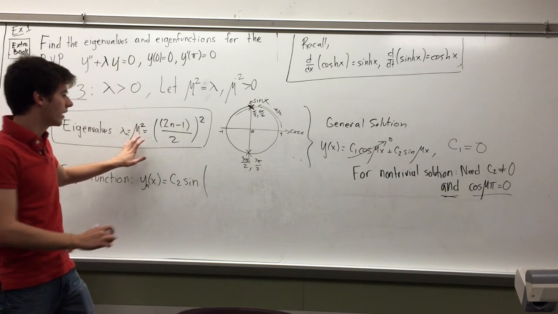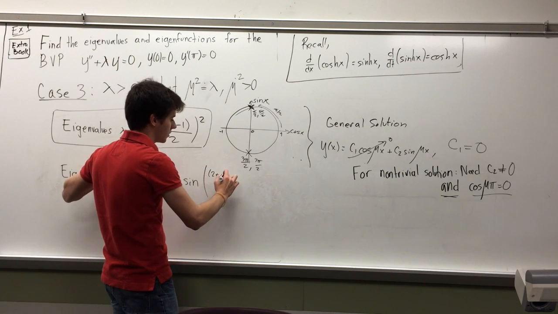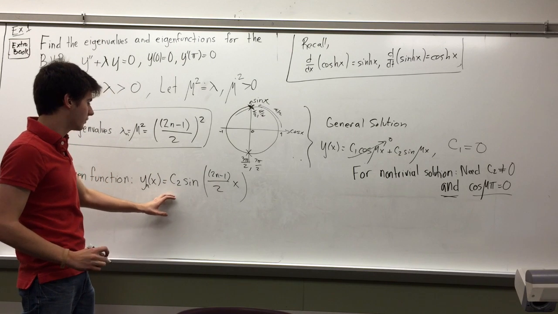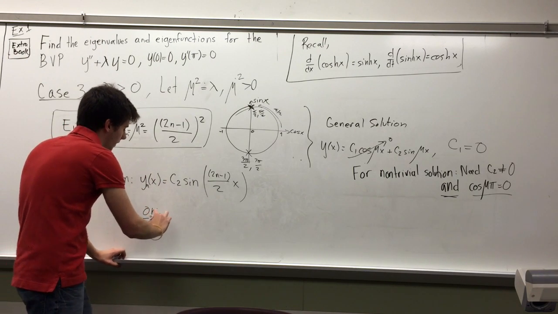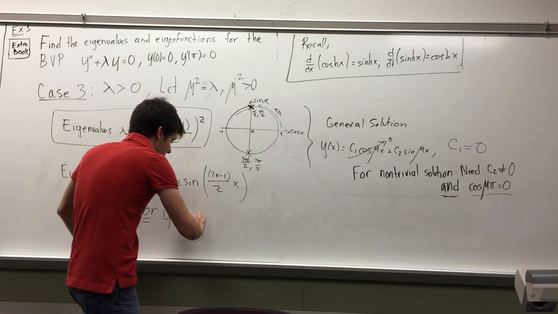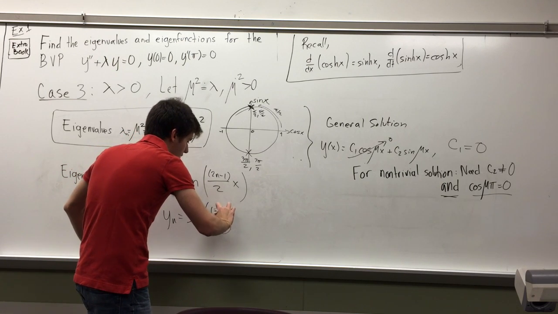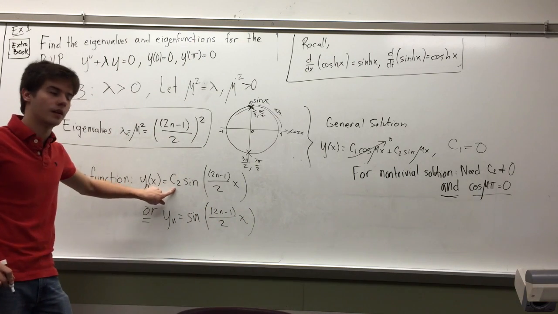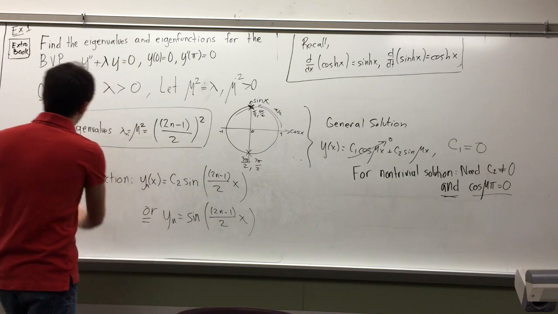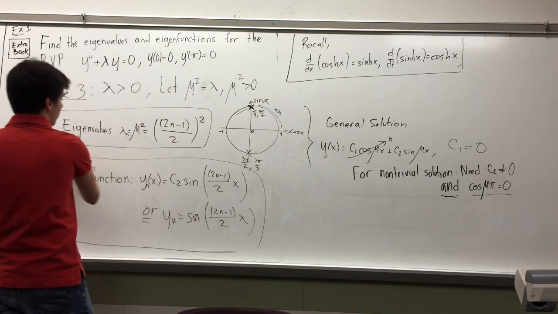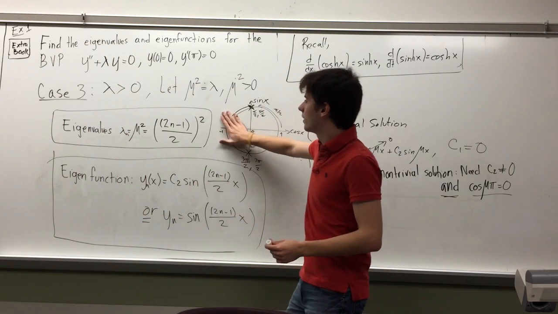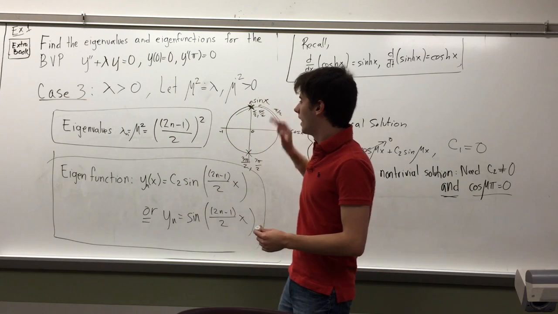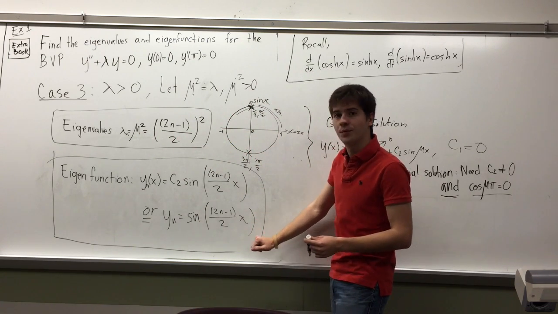Remember that this is mu squared, so mu is just 2n minus 1 over 2. You can simply write it as sine of 2n minus 1 over 2 times x. You don't need this constant right here. This right here is our eigenvalues for all values of n, and this is our corresponding eigenfunction.